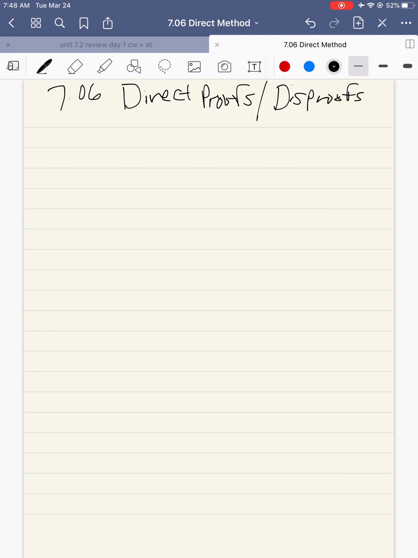So let's start with just a few definitions. First we're going to say, suppose A is an integer. And just to refresh ourselves on what an integer is, that is essentially just a whole number. It could be positive or negative, and it doesn't include any decimals or anything like that.